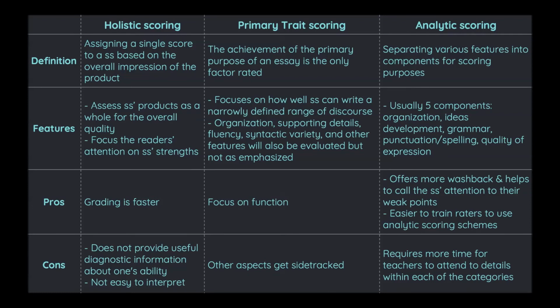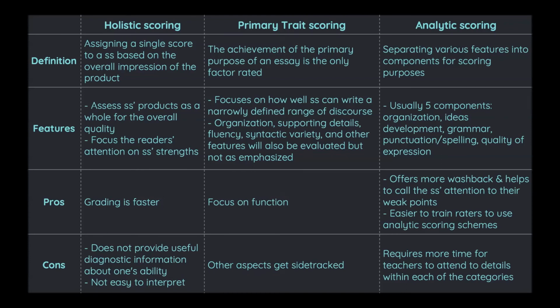It focuses on how well students can write a narrowly defined range of discourse, and organization, supporting details, fluency, syntactic variety, and other features will also be evaluated, but are not as emphasized. And the pros of this kind of scoring is that it focuses on the function, of course, as the definition has given us. And the cons is that other aspects get sidetracked.